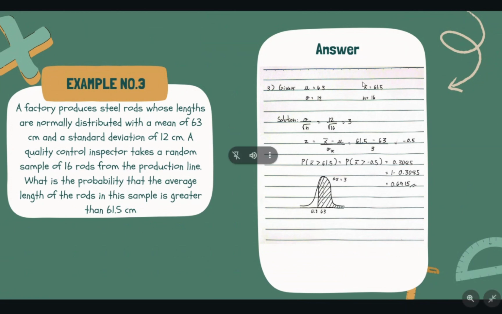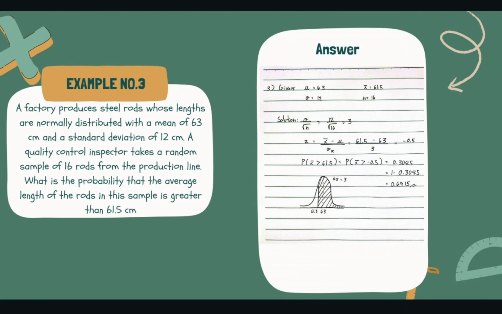Still, we cite the givens. Our mean is 63, the standard deviation is 12, the x bar is 61.5, and the sample size is 16. We still compute for our standard error: 12 over the square root of 16 is equal to 3, and our z is 61.5 minus 63 over 3, which is -0.5.